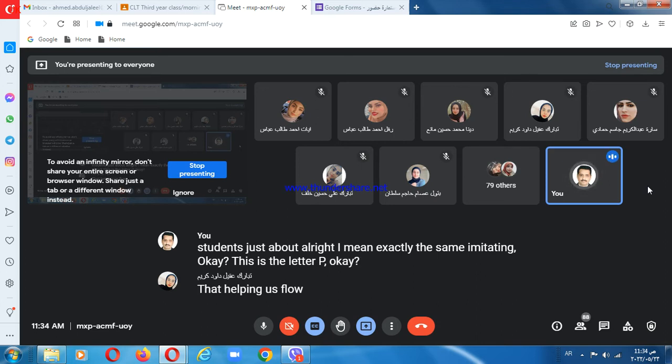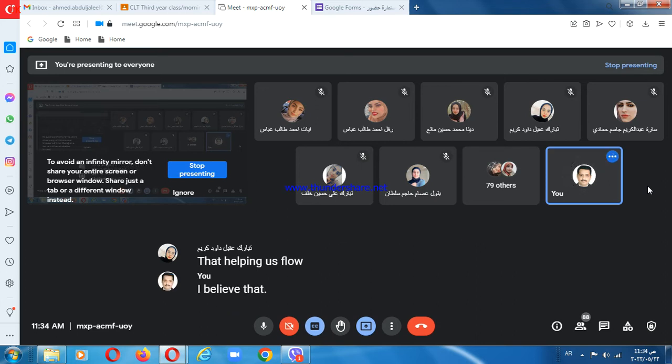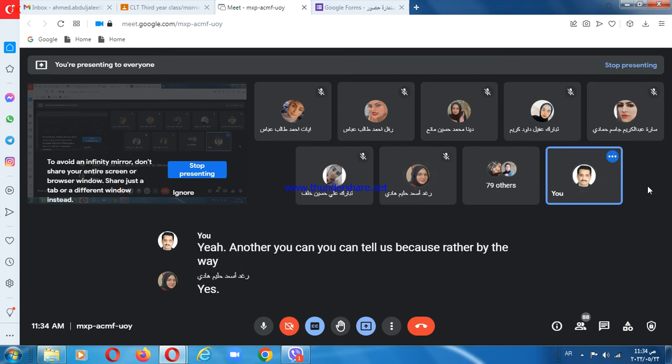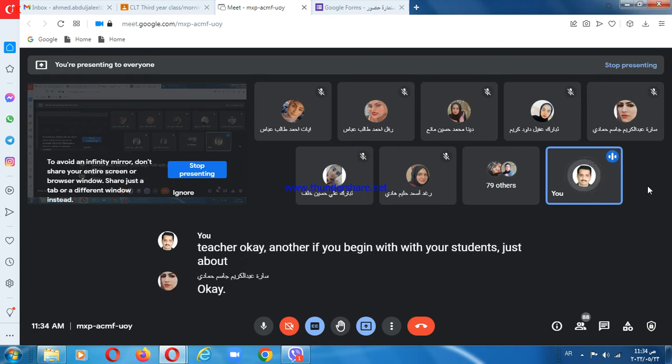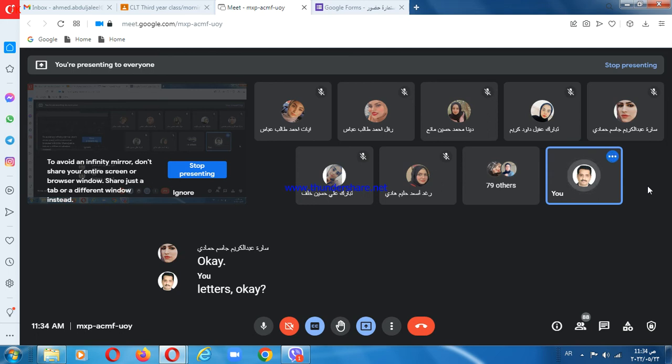I believe that Ragad As'ad is here. Ragad? Yes, doctor. Ragad, you can tell us, because Ragad, by the way, is a teacher. Ragad, if you begin with your students just to write letters, you make them imitate you.